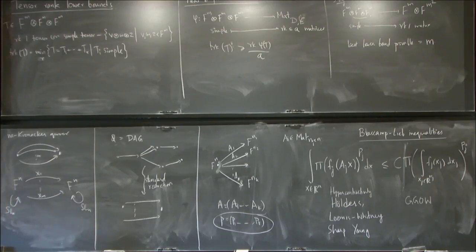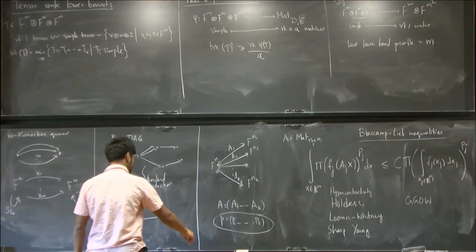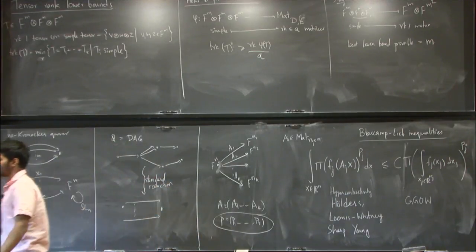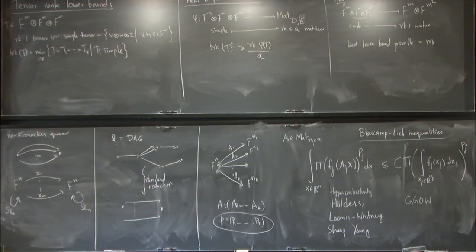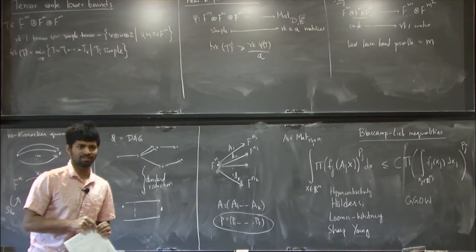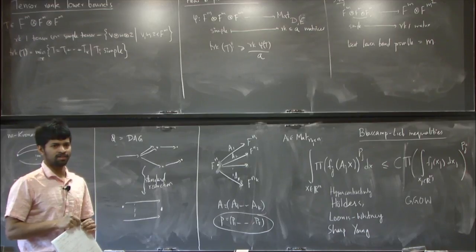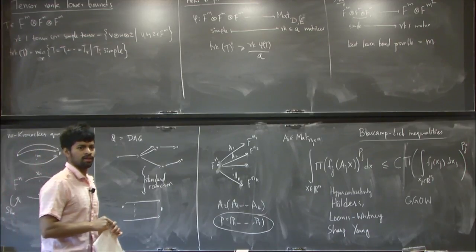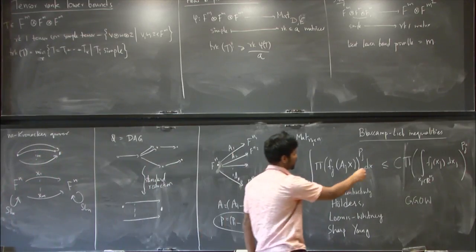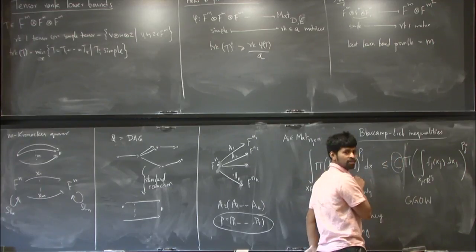Are there any results that say something about this? What's the null cone condition? These kinds of inequalities work when you're in the null cone or when you're not in? When you're not in the null cone. But I can write down the condition. There's a distance away from the null cone. Does that say anything about how far off? I think it has something to do with this constant.